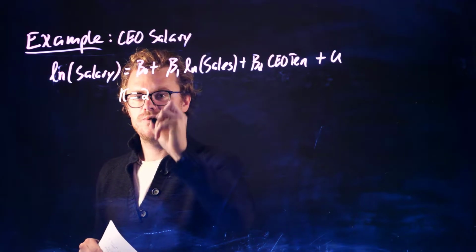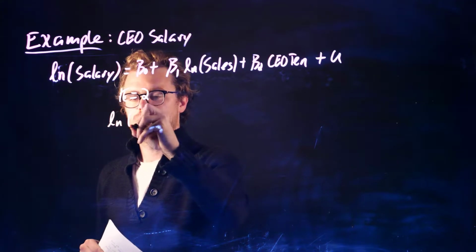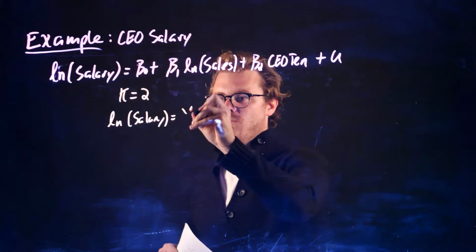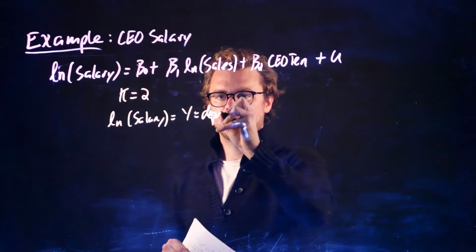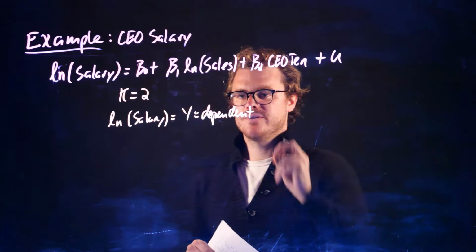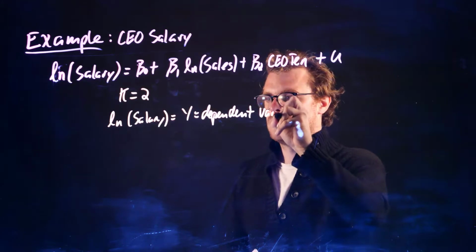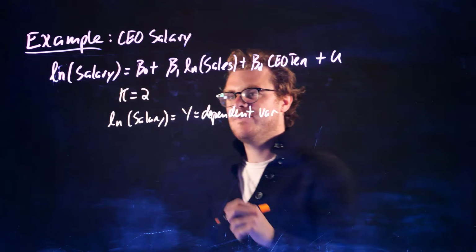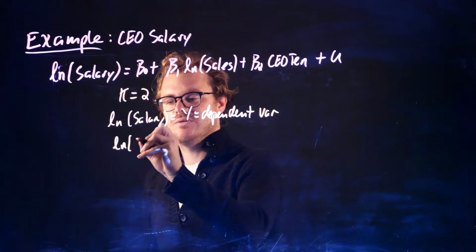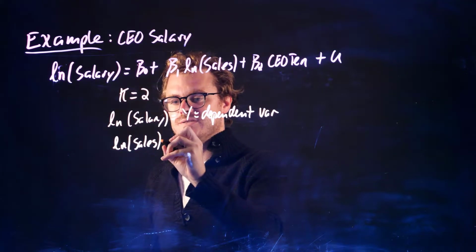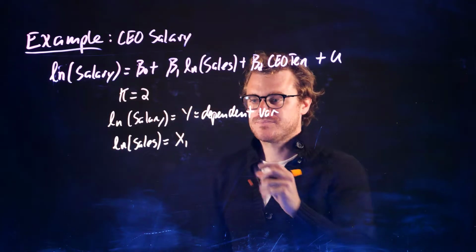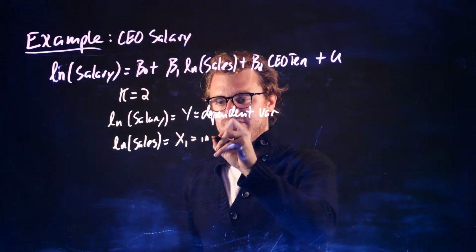All right, so k equals 2. The log salary is our y variable, our dependent variable, the variable we're trying to explain. k equals 2, we have two independent variables. So ln of sales, that's just the x1. So that's an independent variable.